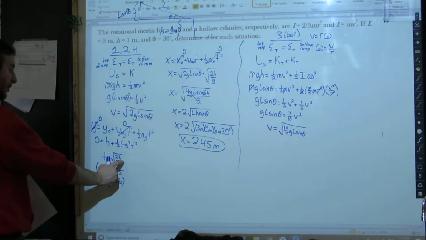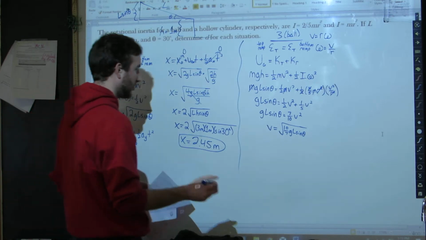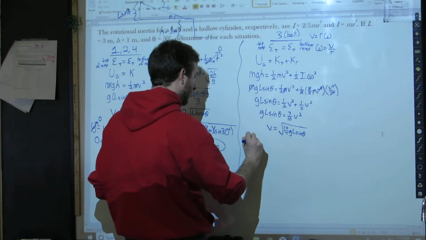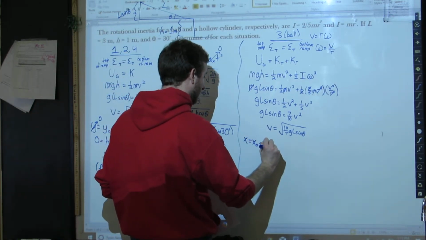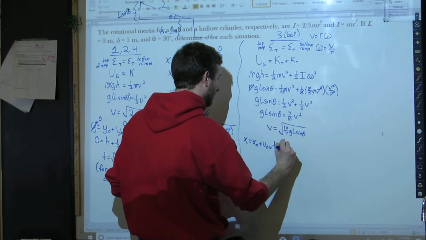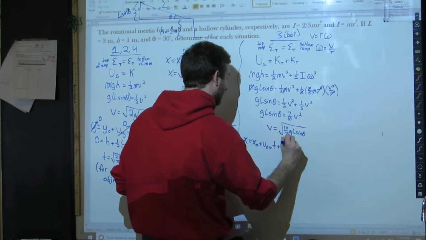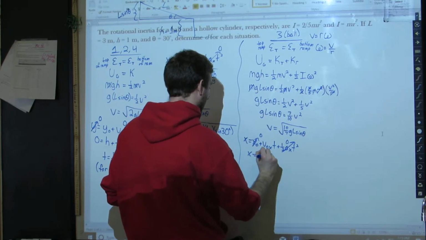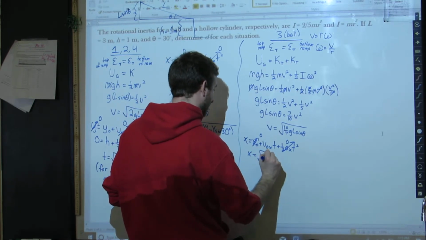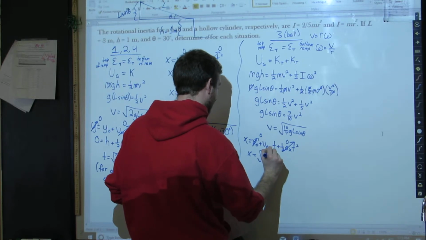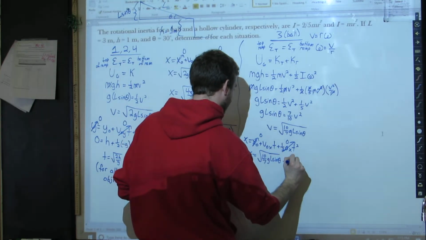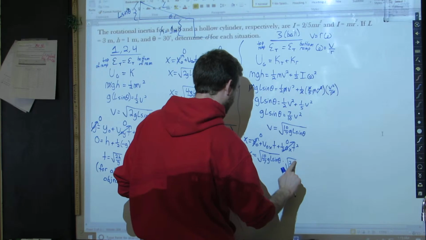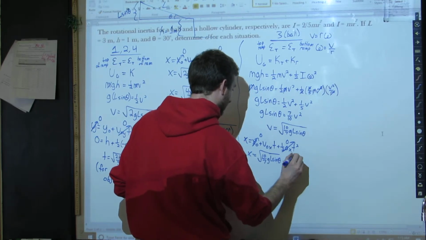We already know the time for all 5 objects is square root of 2h over g. So now we just plug into the distance formula. Same things will cancel as last time. 0, 0. It's the square root of 10 over 7 g L sine theta times the square root of 2h over g, excuse me.